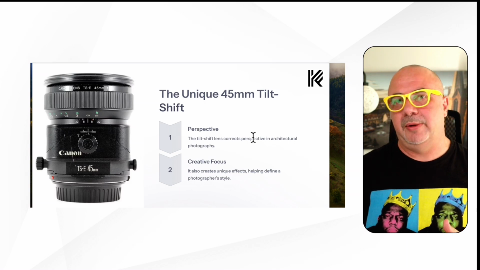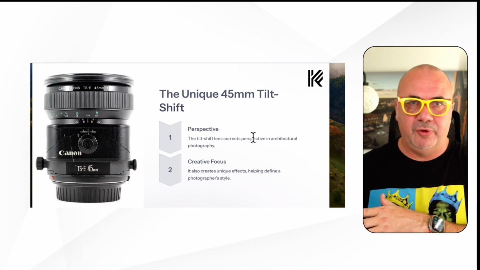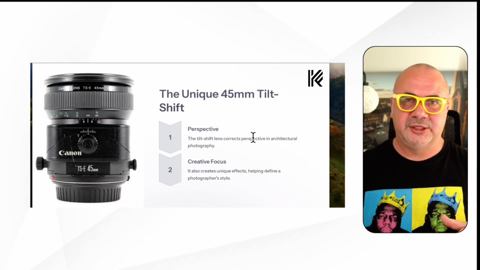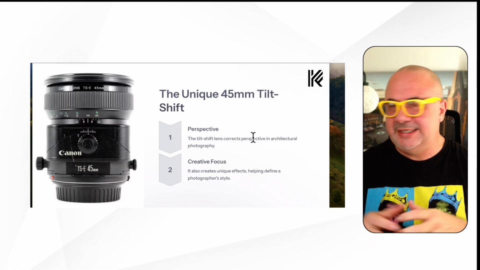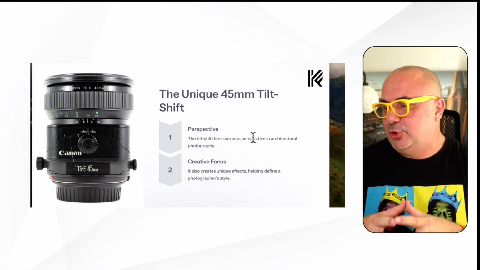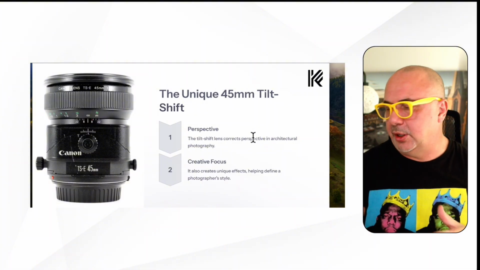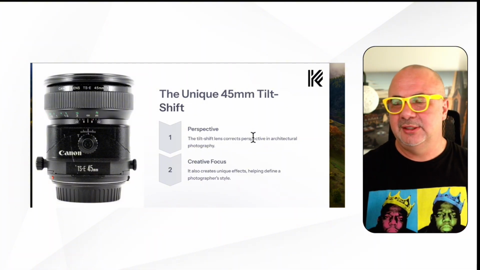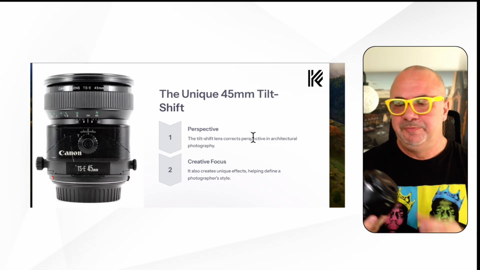And this is when I talk about how some lenses, like the ones I mentioned before, are your workhorses, your basic stable of horses, the tools that do the majority of the work. The 45 millimeter lens is more of a style lens.